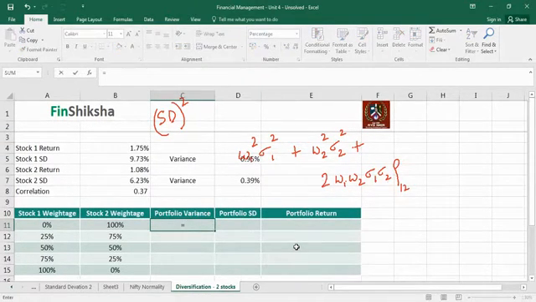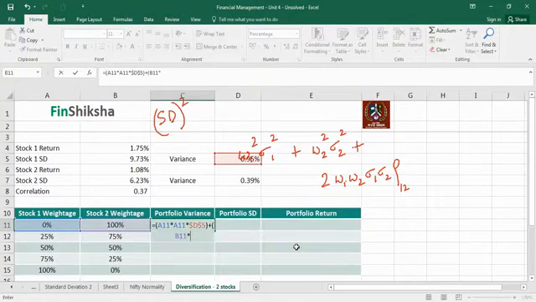So this would be weight of 1 into weight of 1, that's weight of 1 square, multiplied by sigma of 1 square, that's the variance of stock 1, correct? And that variance of stock 1 will always remain constant, so I'll freeze this by adding dollar signs, then do plus weight of 2 into weight of 2 into sigma of 2 square, and we freeze that as well. So that takes care of the first two terms, right?